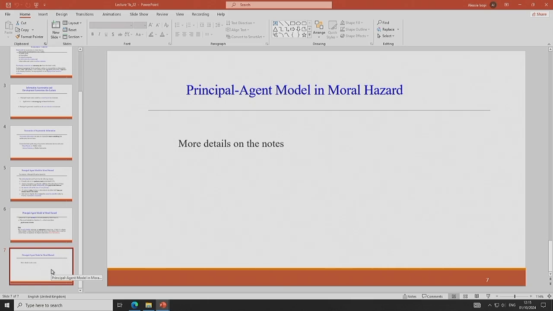What else do you notice about V, the utility function of the principal? I've used the V1, okay? Could I have used also the V naught, right? Why haven't I done so?